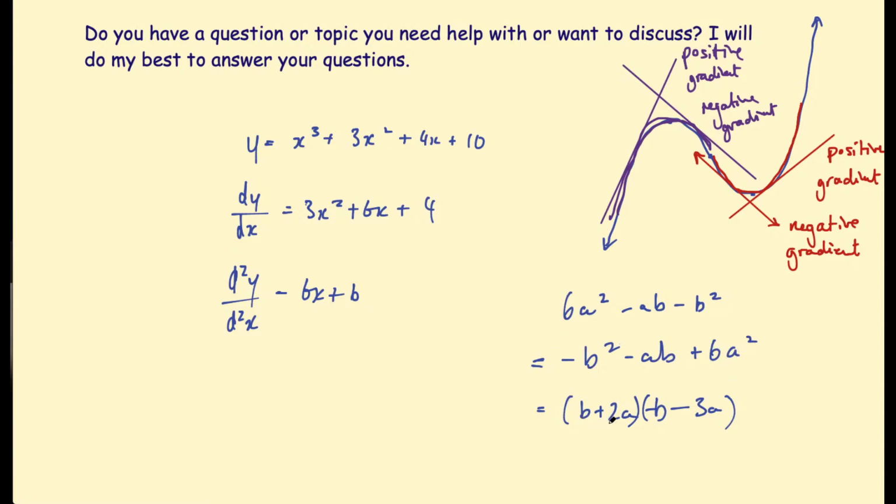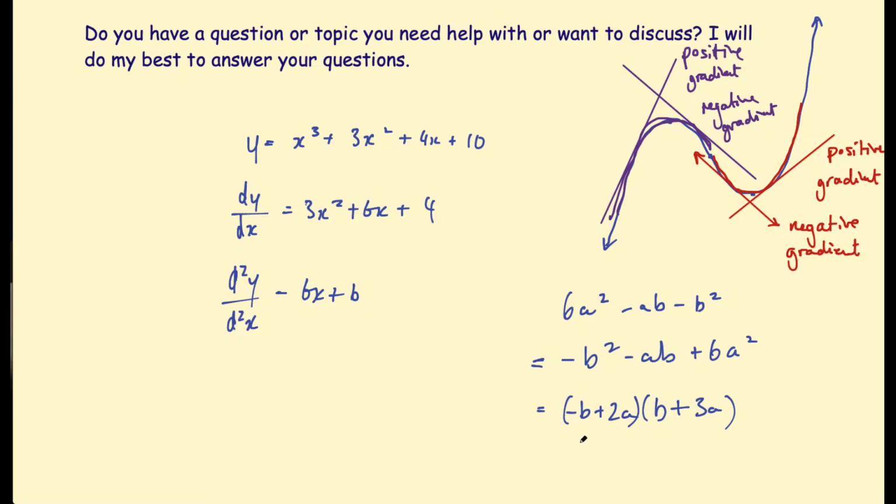So b plus 2a, negative b take 3a. Wait. Sorry, they're both positives. And this is a negative, this is a positive. Okay.